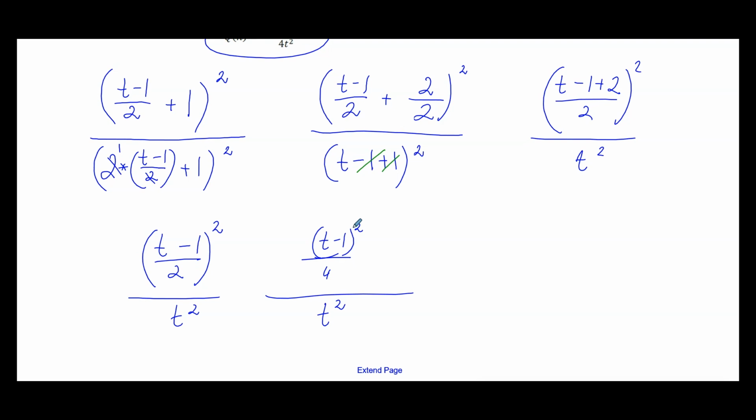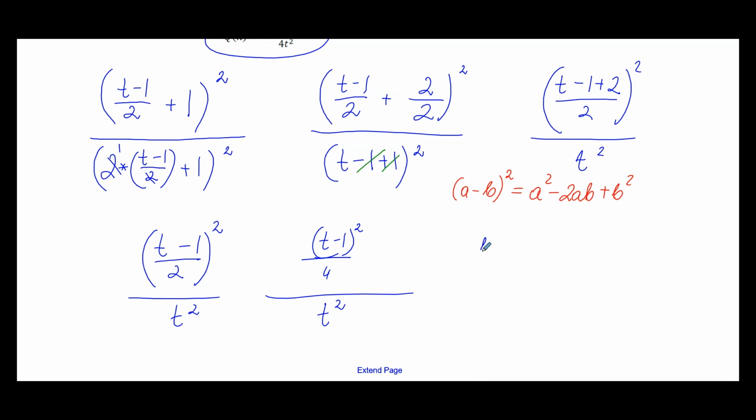How do I take a bracket to the power of 2? When I have two values in my bracket to the power of 2, that will equal the first number to the power of 2, then minus 2 multiplied by the first by the second, plus the second to the power of 2.